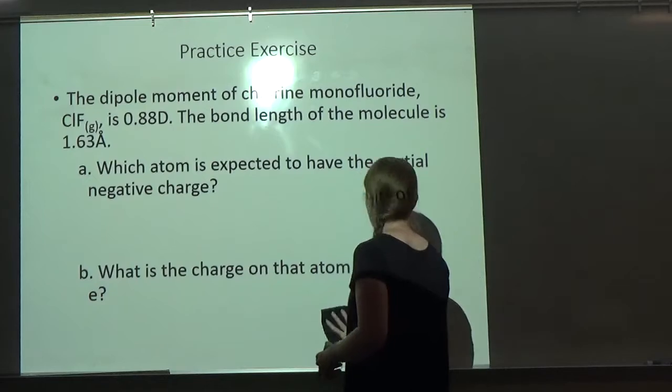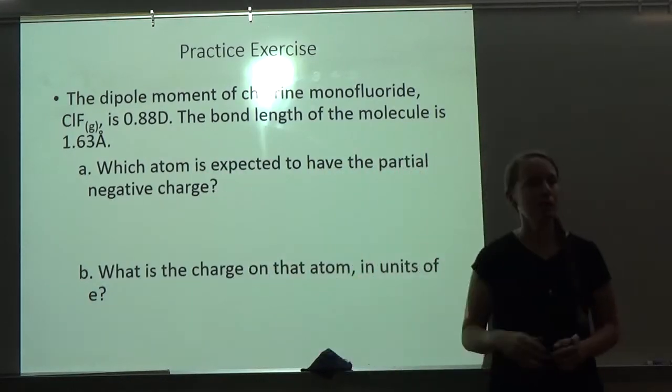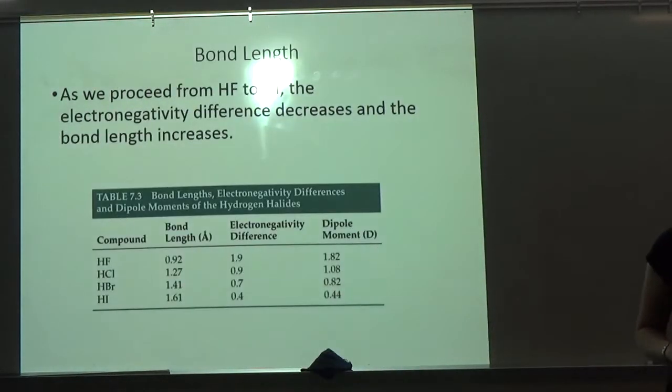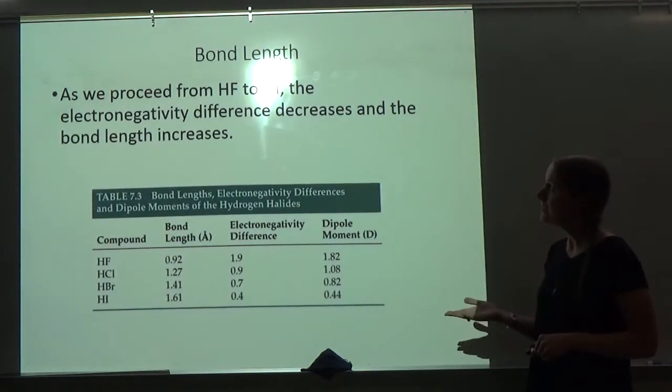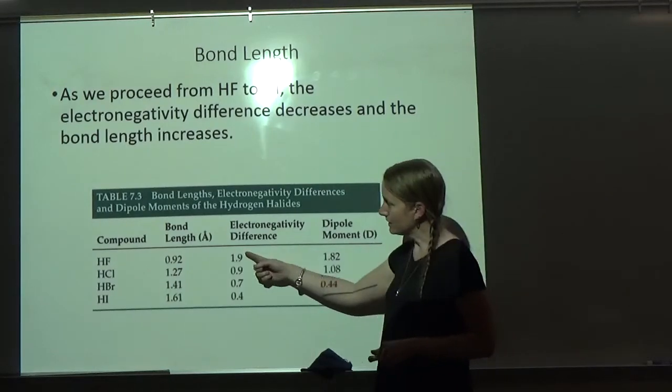Alright, so let's move on, and we're just going to talk about one more thing in this part. As we proceed from HF to HI, the electronegativity difference decreases, and the bond length increases.